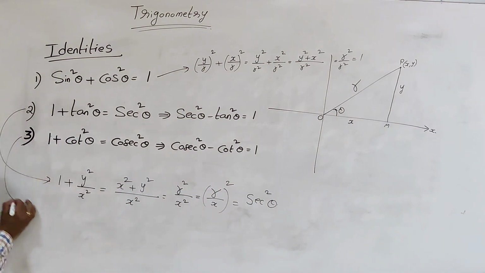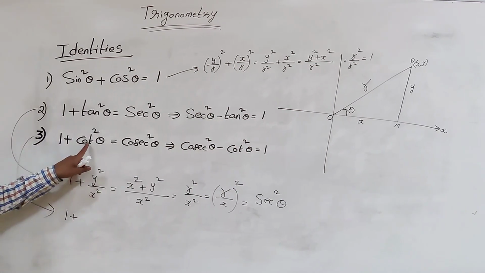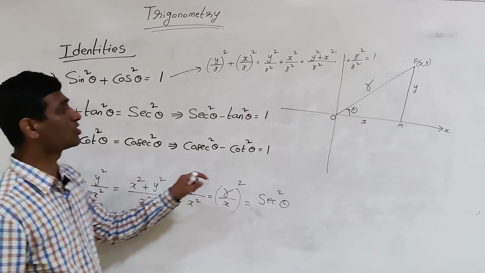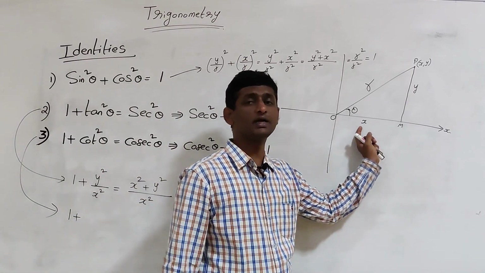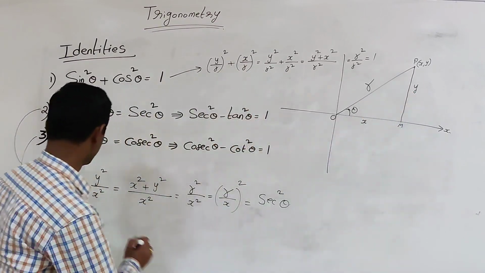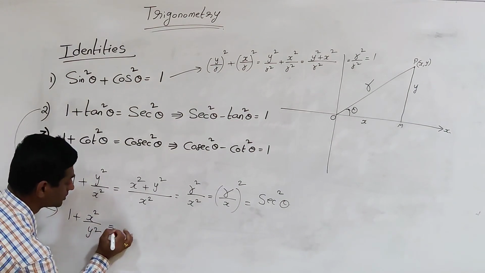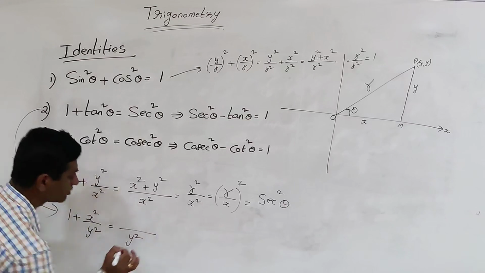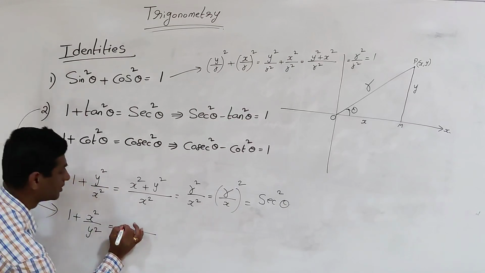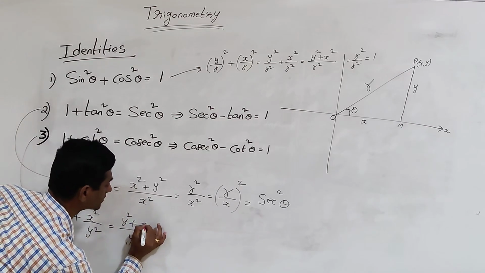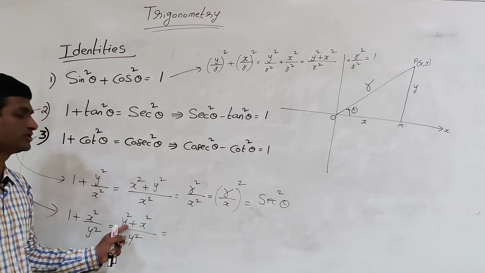Next, we'll prove the third one: 1 plus cot square theta. What is cot theta? Adjacent side by opposite side, so x square by y square. Again, if you take the LCM, y square is the LCM, y square plus x square.